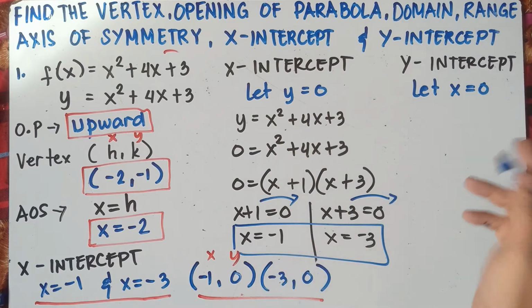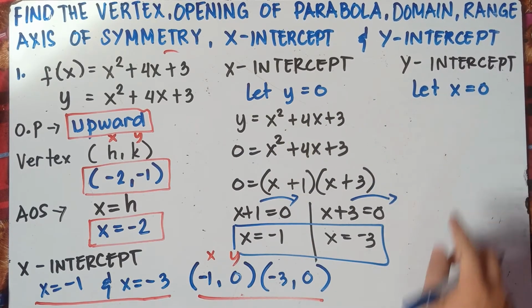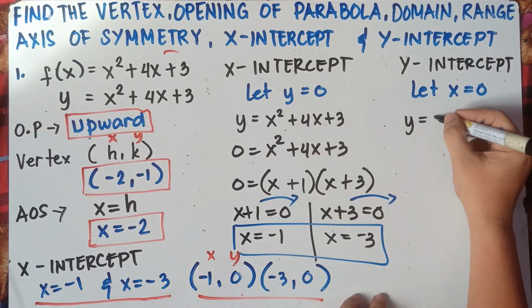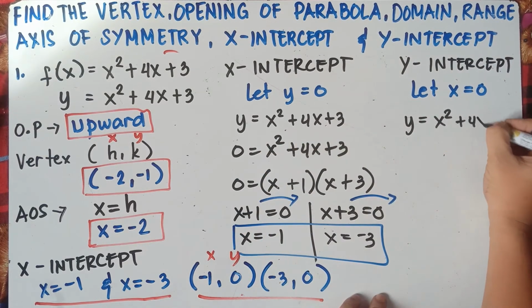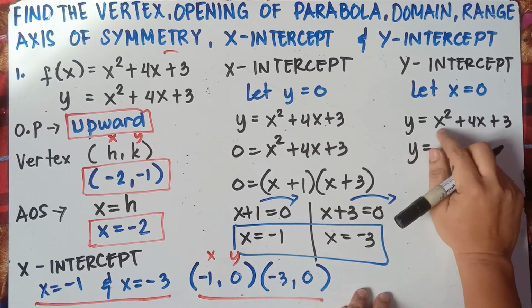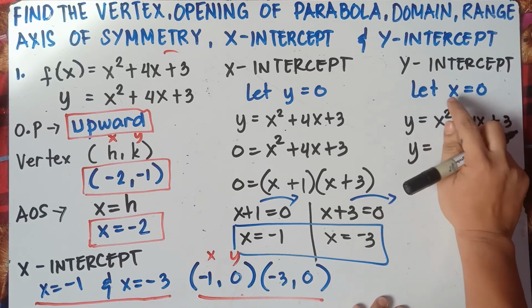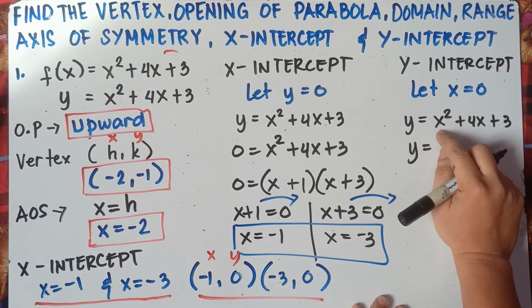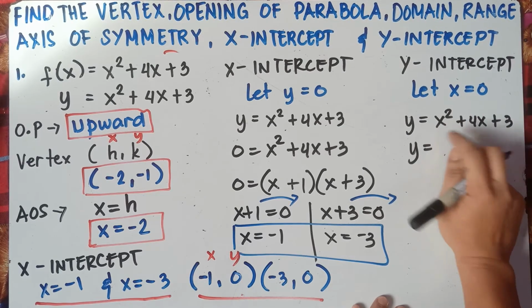Therefore, to find the y-intercept, you let x equal to 0. So copy the equation. That will be y equals x squared plus 4x plus 3. So this will be y equals, just make x, class, into 0. Once again, let x equal to 0. Just simply substitute this x by 0.